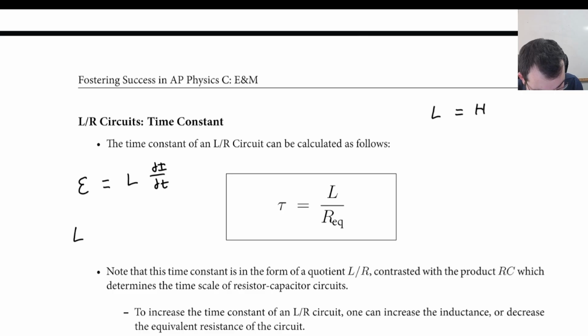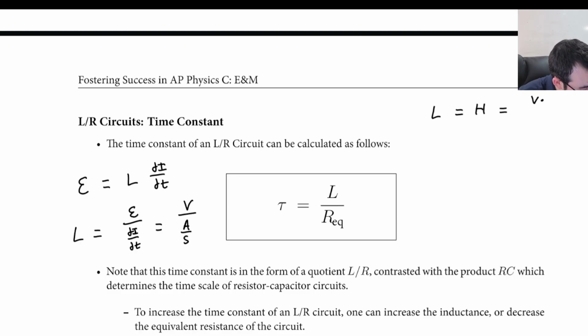So this means that L is EMF divided by di dt, which is volts per amp per second. Okay. And we can bring one of those seconds up. So we get volt times second divided by amps.